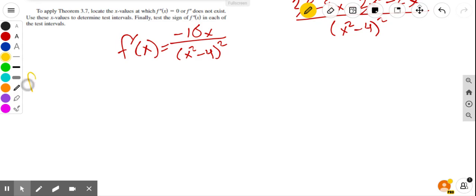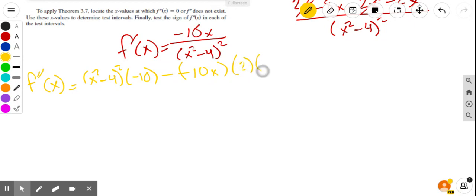So for the second derivative, it's low d high minus high d low. All of that is over low low.